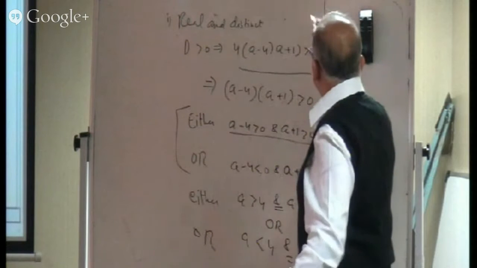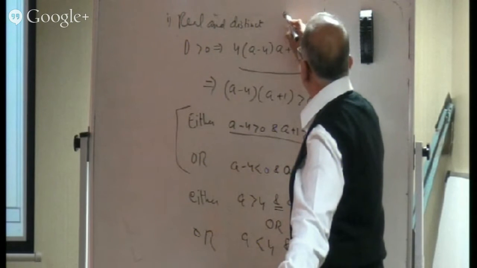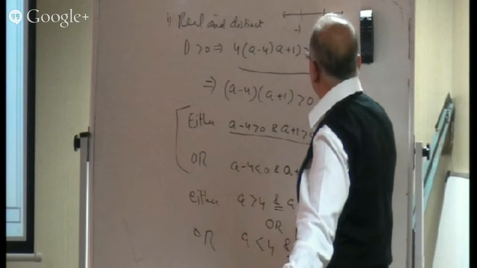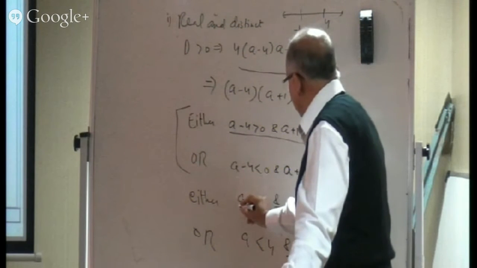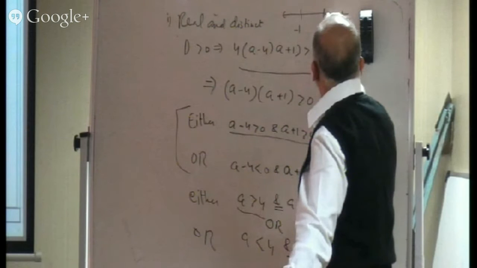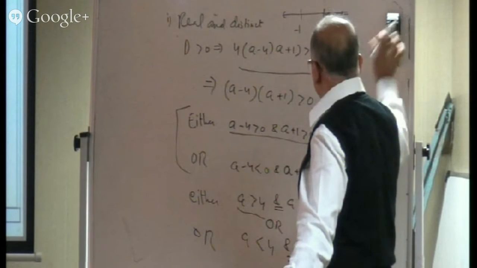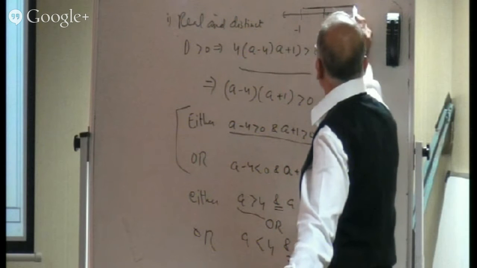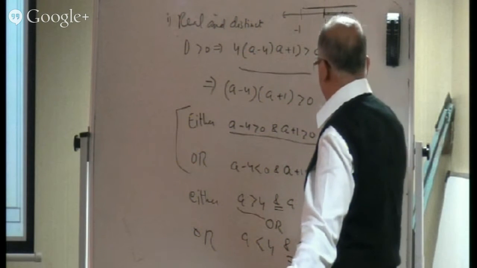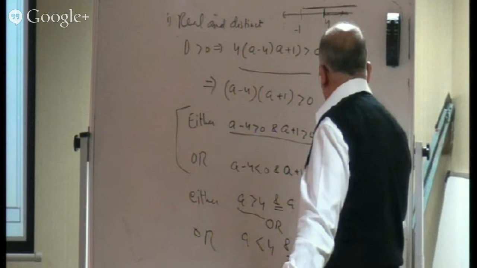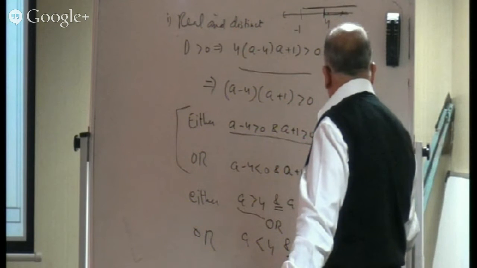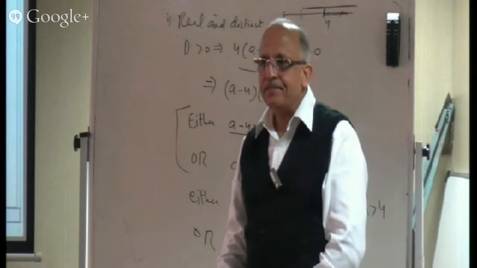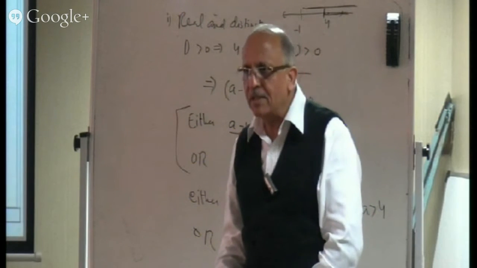The idea is simple. You plot on a number line, minus 1, 4. This says a has to be greater than 4. That means any number here will do. And this says a has to be greater than minus 1. So what is the intersection of these? This. So these two taken together give a greater than 4. If it is a greater than inequality, then what happens?